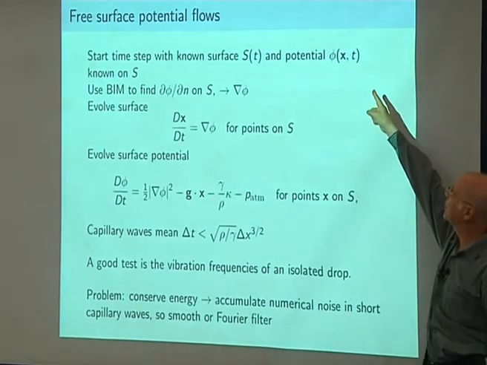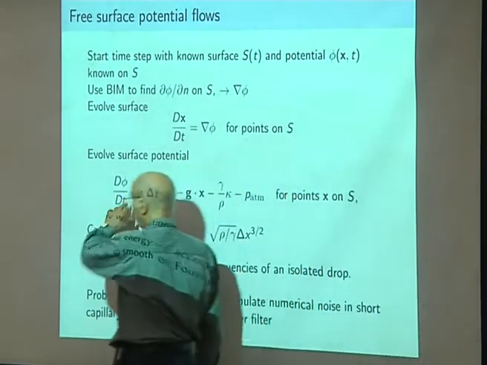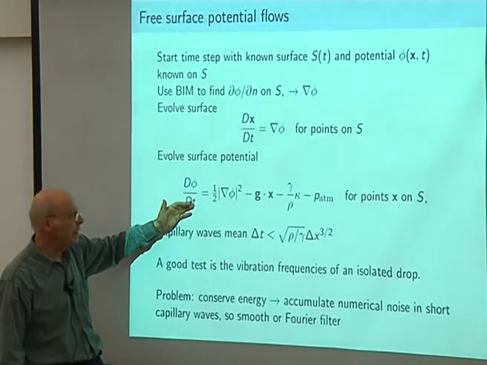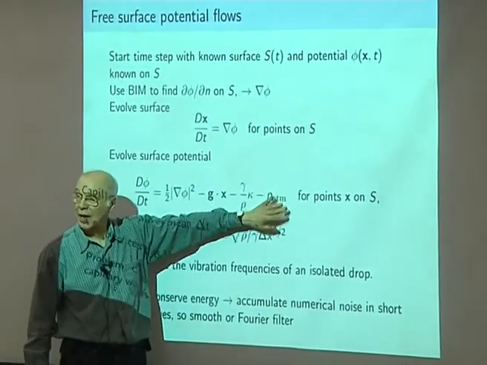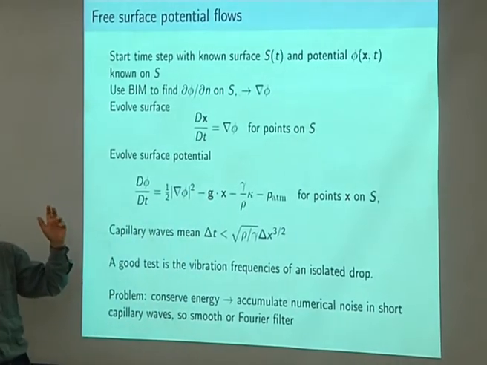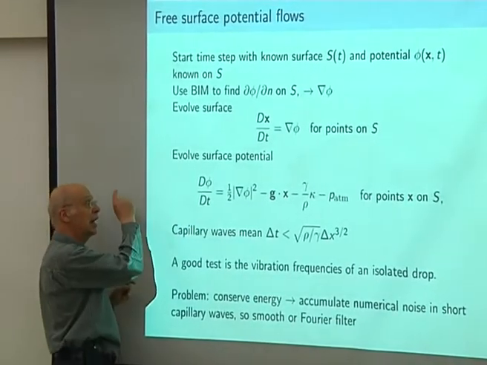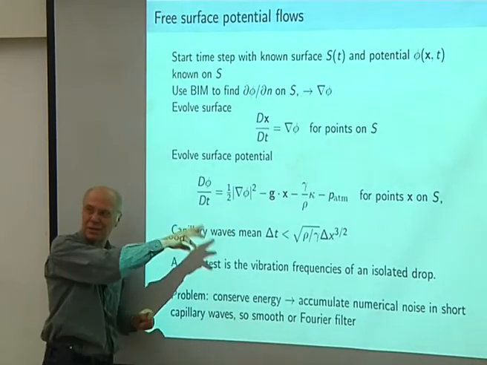Now I have to time step the potential, and the equation from Bernoulli is phi by dt is equal to things like gravity, surface tension, atmospheric pressure, and there's a half grad phi squared. If you thought quickly, you'd think I've got the wrong sign here, because it's phi by dt plus half grad phi squared, and I've got it on the other side.